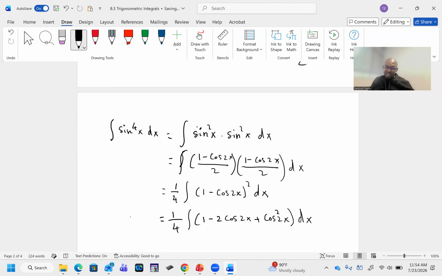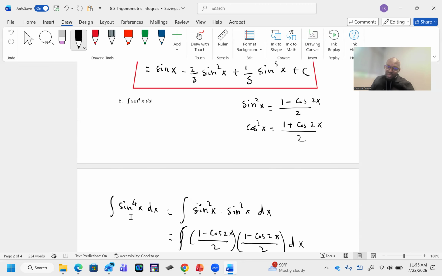We can easily integrate 1, and we can easily integrate cosine of 2x, but we have cosine squared here. Again, I need to use the half angle, also called the power reducing formula of cosine. Right here we already said cosine squared of x is 1 plus cosine of 2x divided by 2.